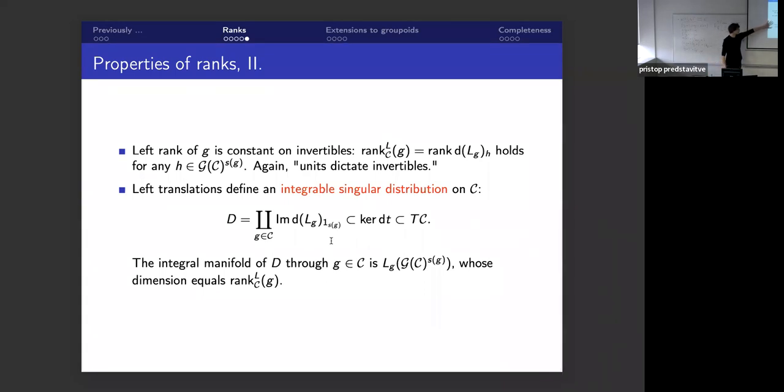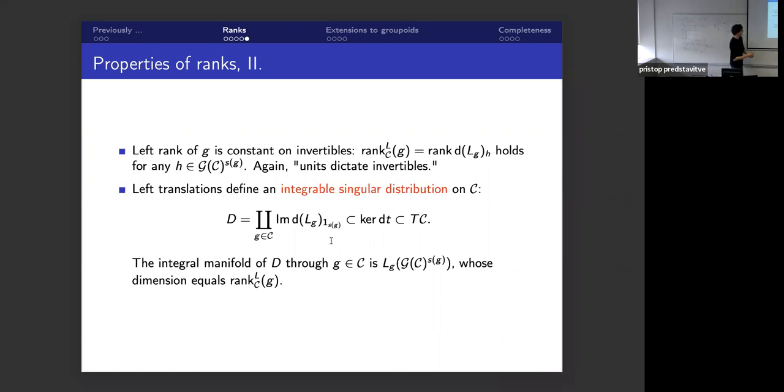The last one would be that the images of differentials of left multiplications form a certain distribution on our category. Okay, and this distribution is singular in the sense that the fibers of this distribution have varying dimension. And it's also integrable. That just means that there's a decomposition of our category into maximally connected, weakly embedded submanifolds.